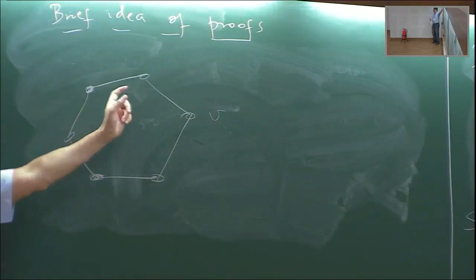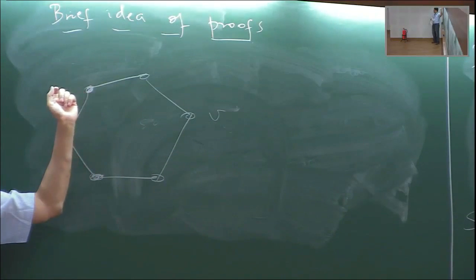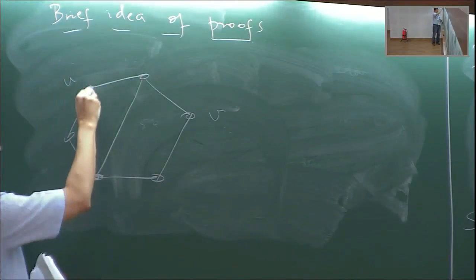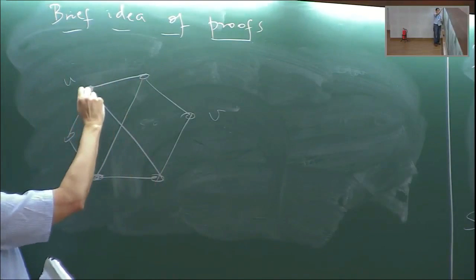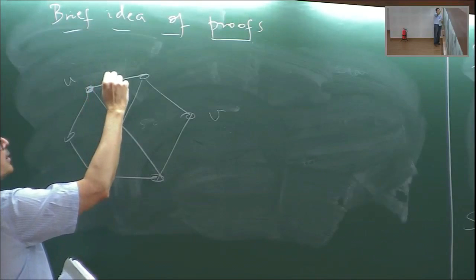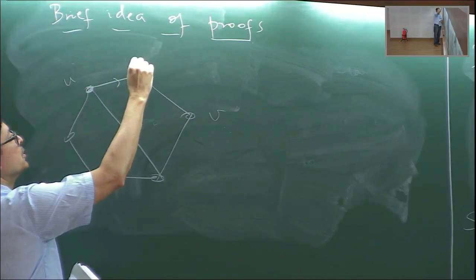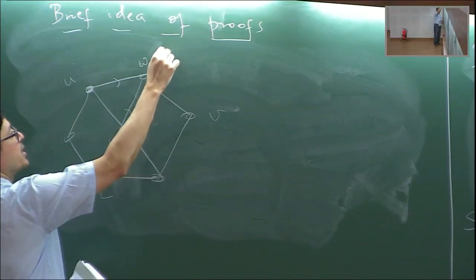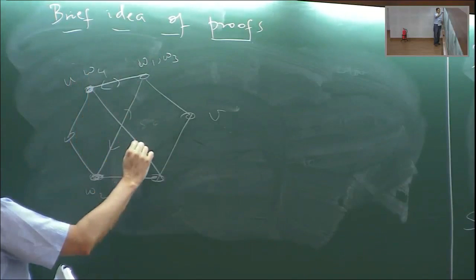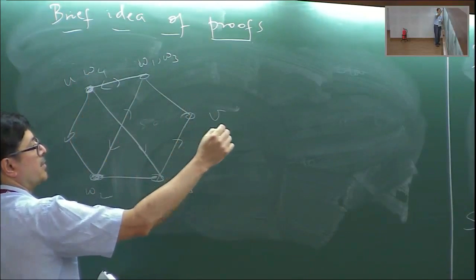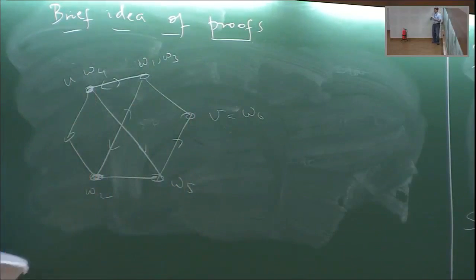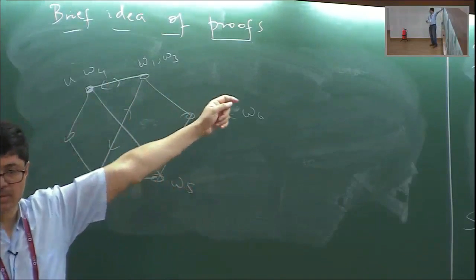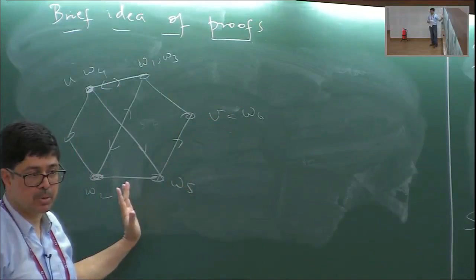You have to have some path along which infection traveled from an initial infected site U to V. That path doesn't have to be self-avoiding, so the infection might have gone U to W1, W2, maybe back, W3, W4, and V is W6. So there's some path along which infection traveled from U to V, and then you find the probability of such an infection path and take the union bound over all paths.